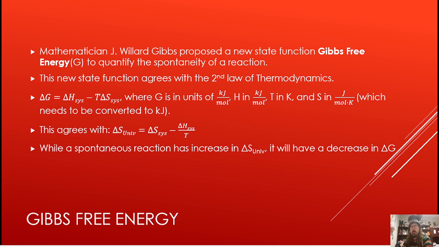You see a negative Gibbs free energy. It's like you're pulling the spring back and it's ready to launch forward. So the delta G is negative for any spontaneous reaction.